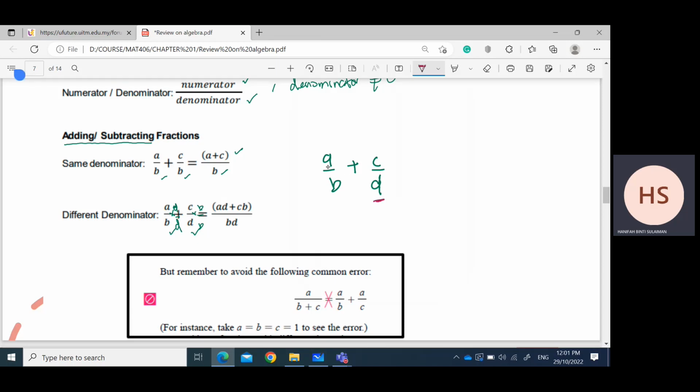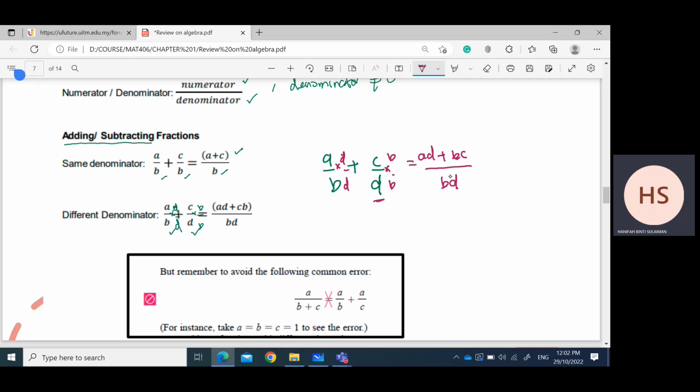Okay, for example, A over B must be multiplied with D over D. And for the other side, we need to multiply with B over B, which is D times B and C times B. So here we have A times D, we have AD plus C times B, we have BC ataupun CB. Okay, for denominator, we have BD.